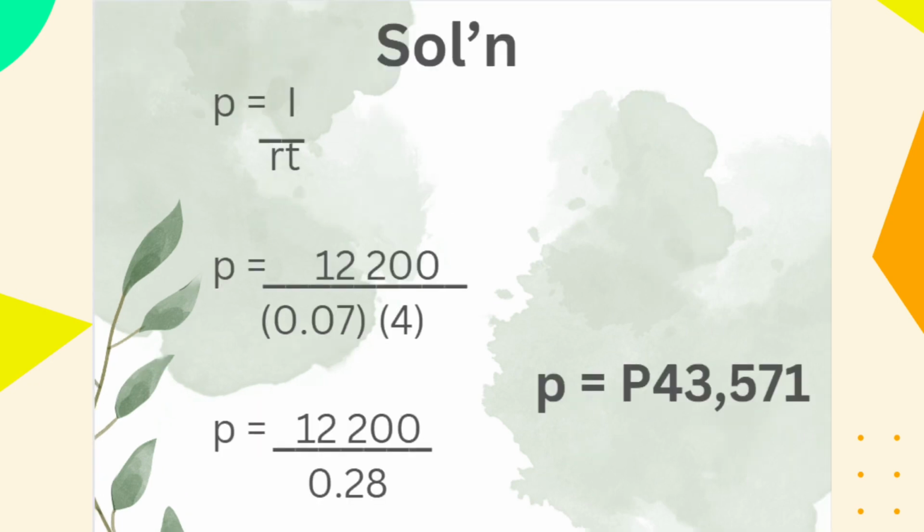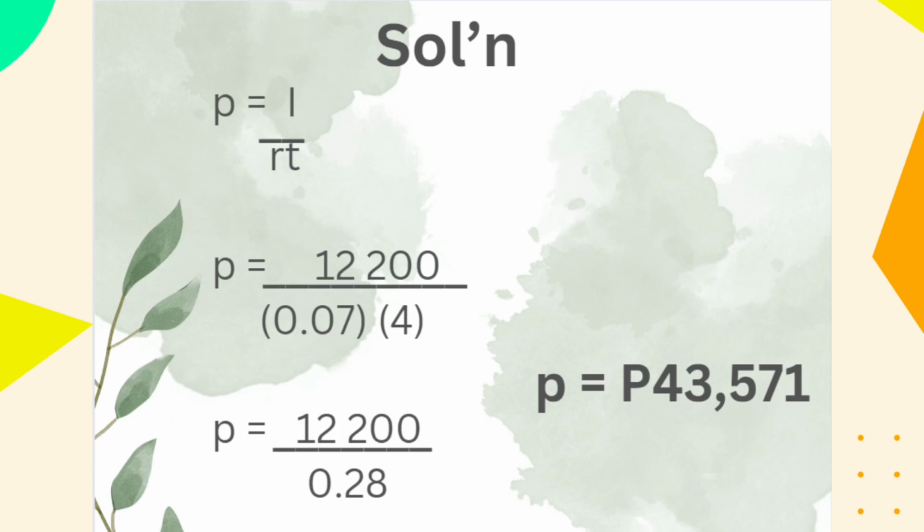Now we will solve the problem. We have our formula, P equals interest over rate times time. We substitute: interest is 12,200, over rate, which is 0.07, and then the time, which is 4 years.